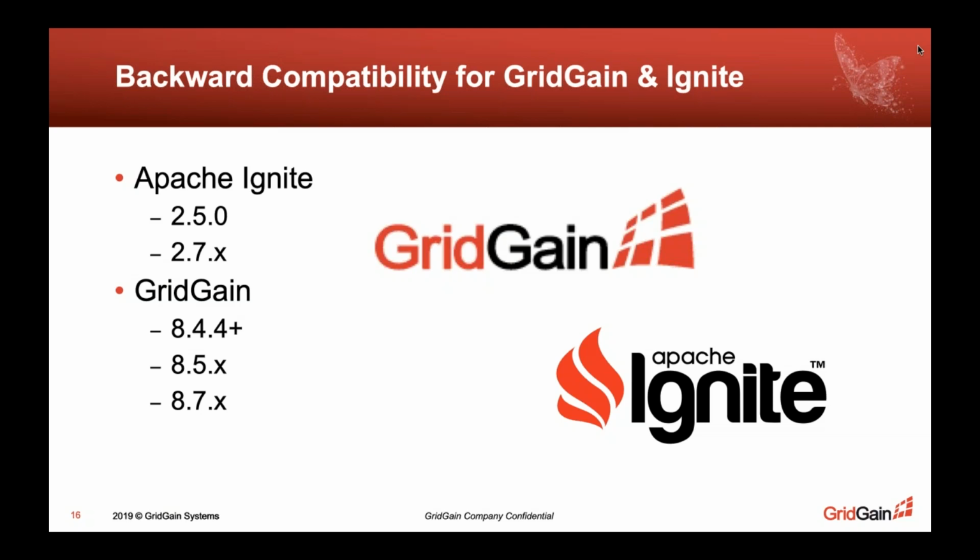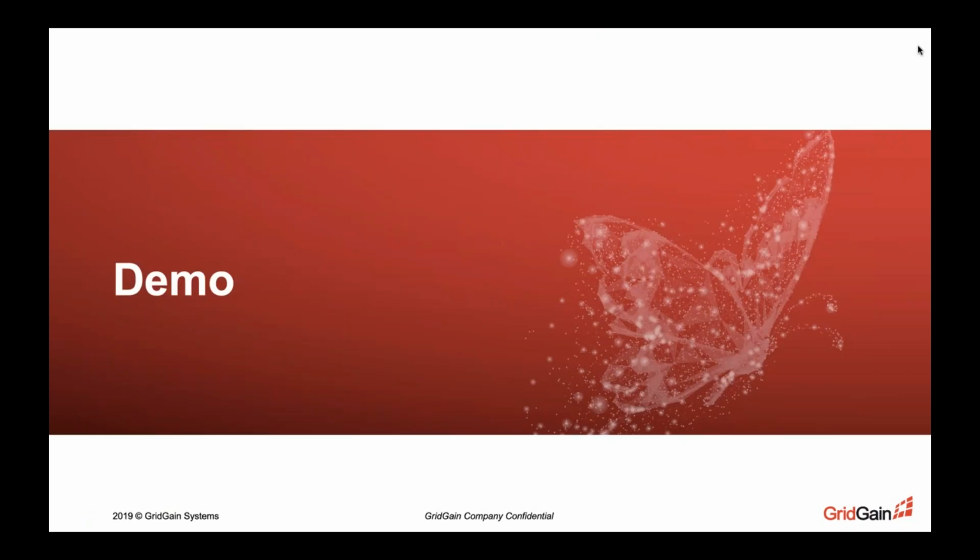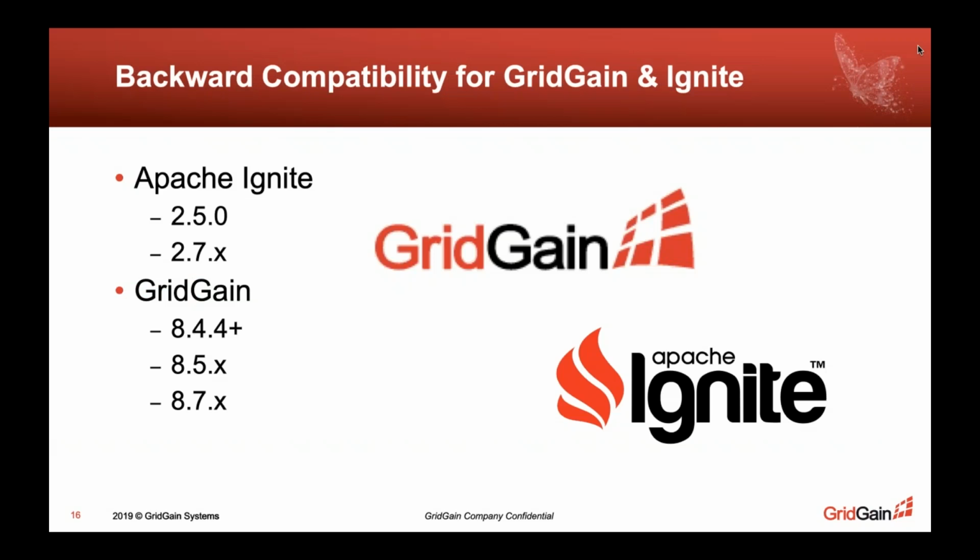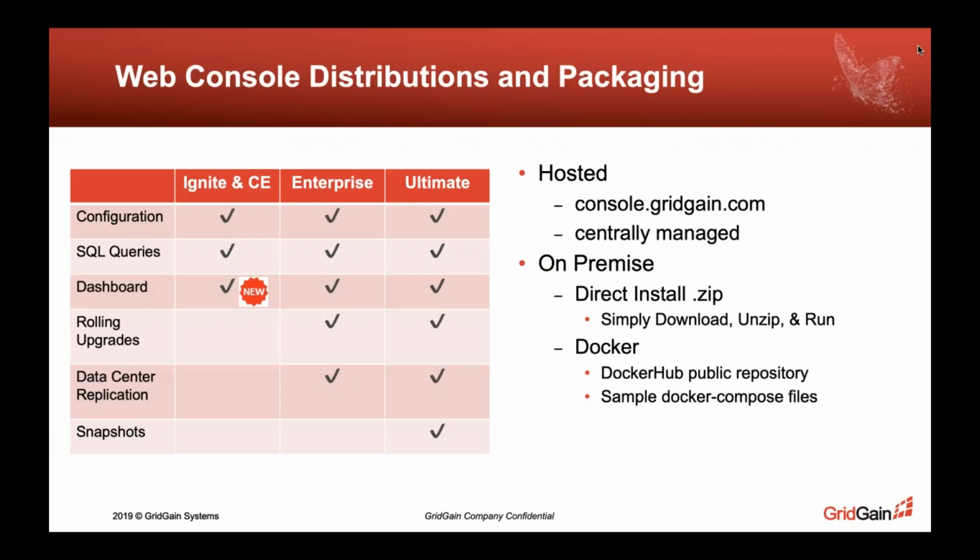Which GridGain editions does it run with? So we support all editions actually. That was the really cool thing about this new architecture: from this one version of Web Console, you can view all of the different features that are available all the way up through GridGain Ultimate Edition. So you can see snapshots, you can learn about data center replication that's available in Enterprise Edition, you can learn about rolling upgrades, even if you're an Ignite user.